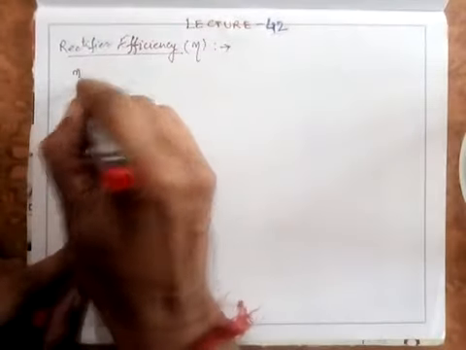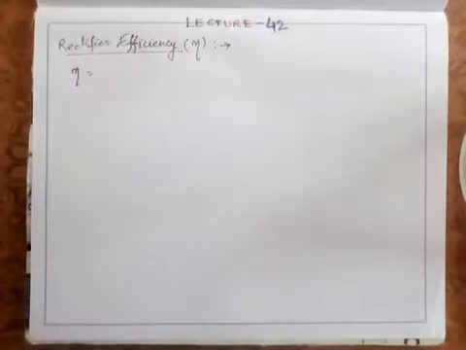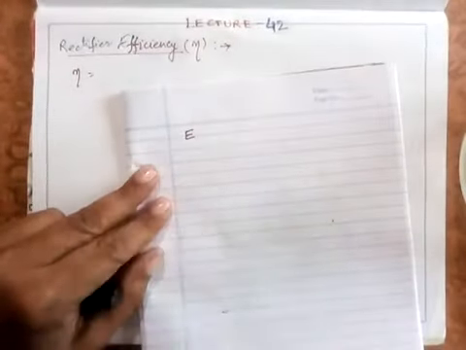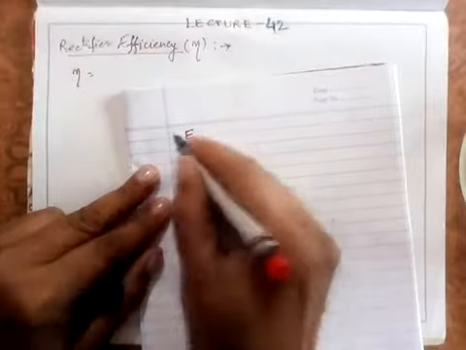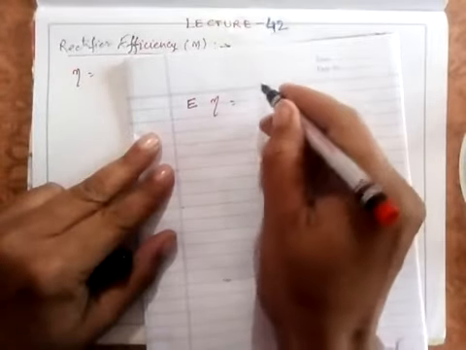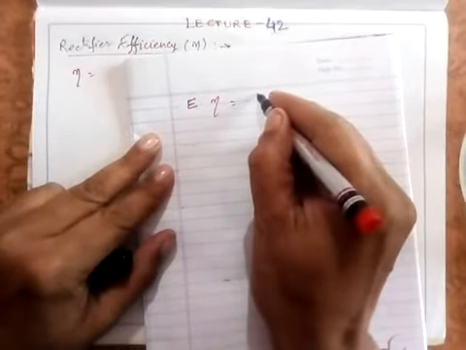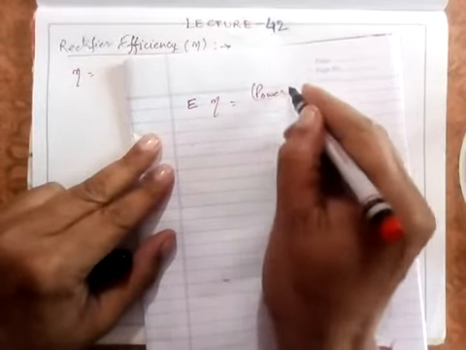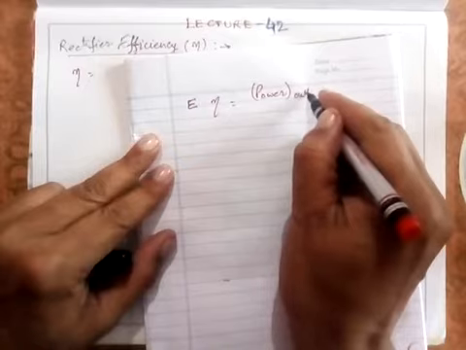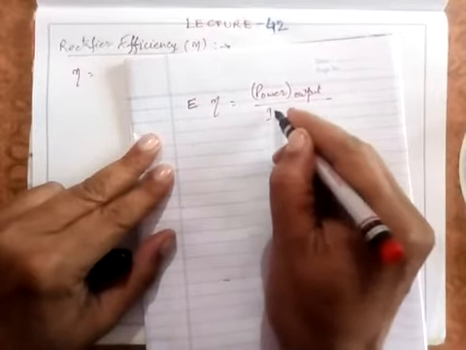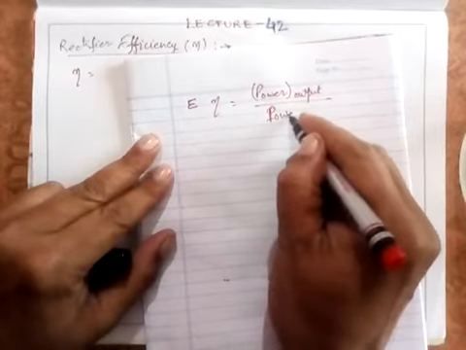First of all, when I say efficiency in general, suppose I represent this efficiency by E or eta. Forget about the rectifier, the efficiency is simply the ratio of output power to input power, to the power which is applied at the input.